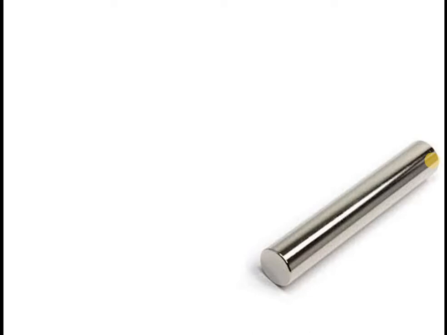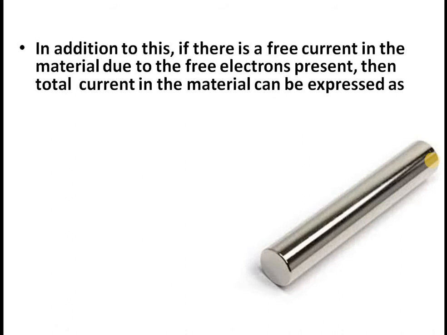Just like a copper wire, a magnetized steel will also pass current. So you have now free electron current as well as bound electron current. Two things are there compared to a copper wire. In addition to bound current, there is a free current inside the material due to the free electrons present.